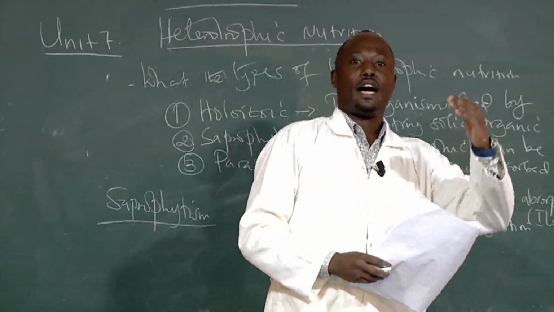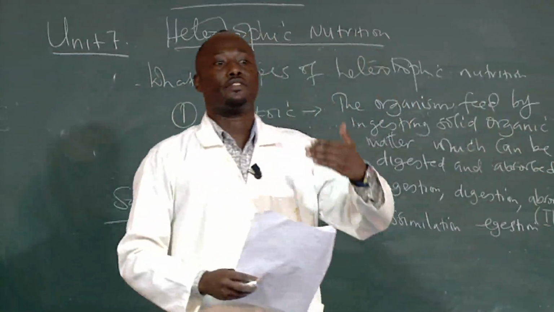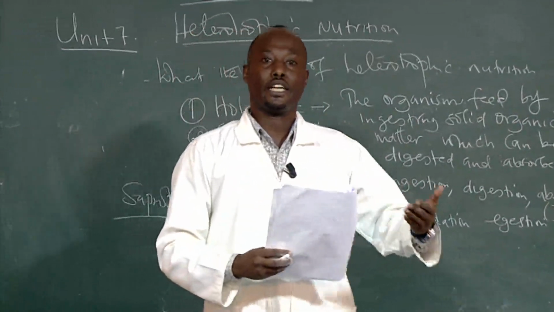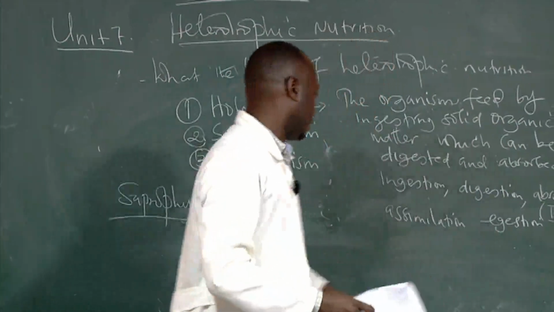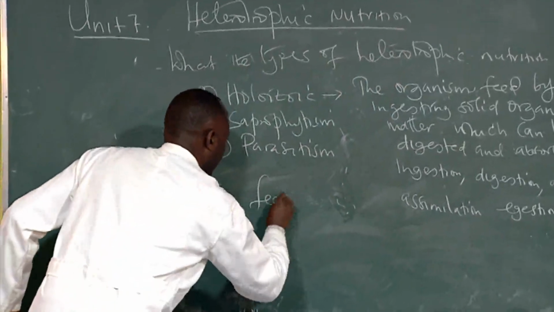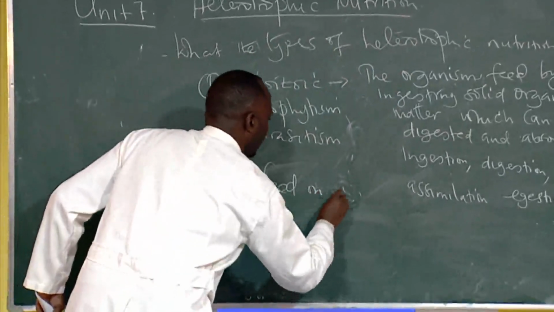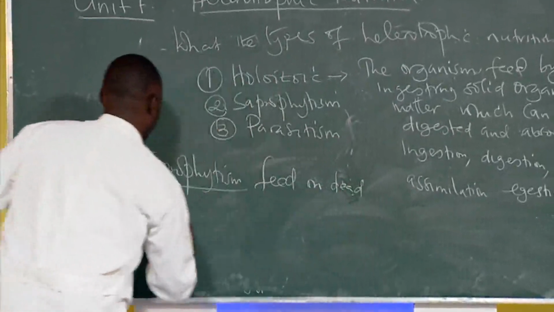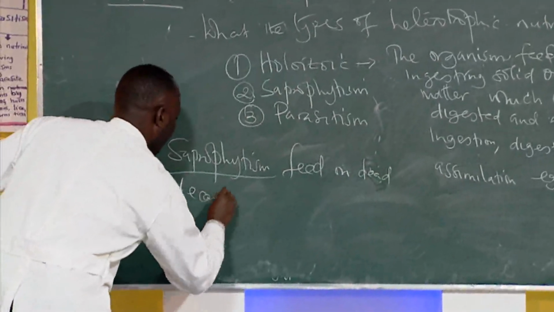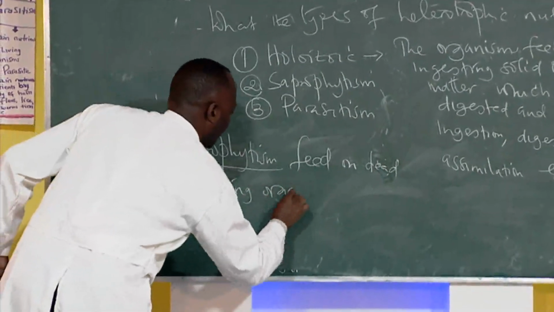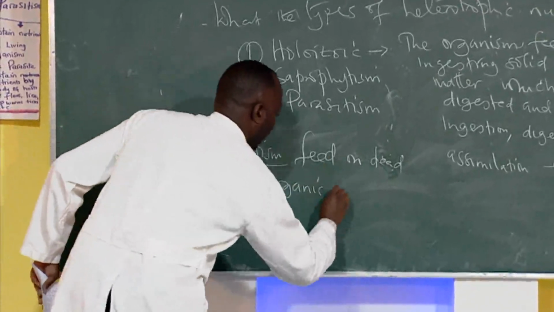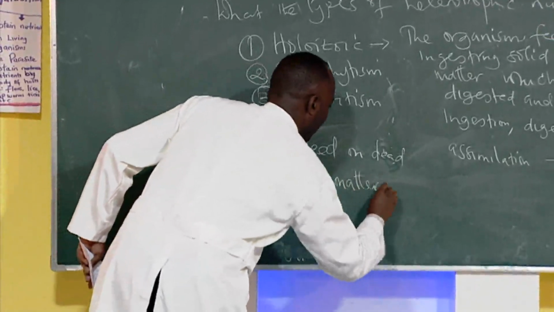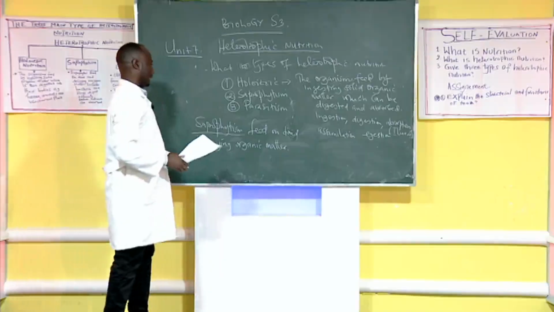Saprophytes are organisms that feed on dead, decayed organic matter. They feed on dead, decaying organic matter.